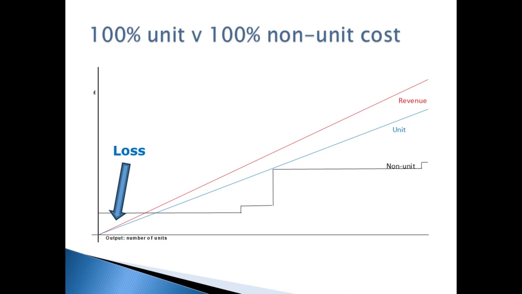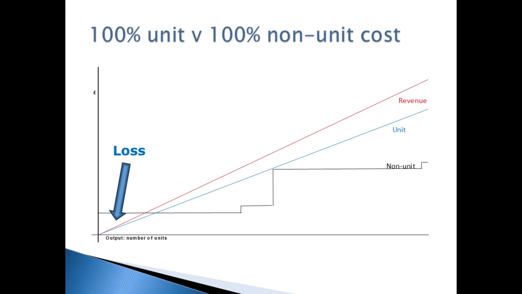And the blue one assumes that all the costs are unit level costs. And obviously the red line is the revenue. Now over on the left, we've got a problem with the non-unit costs because the revenue is below the cost, so you're making a loss. With the unit level costs, the red line's above the blue line, so there's no time where you're making a loss. So that makes the non-unit levels very risky.